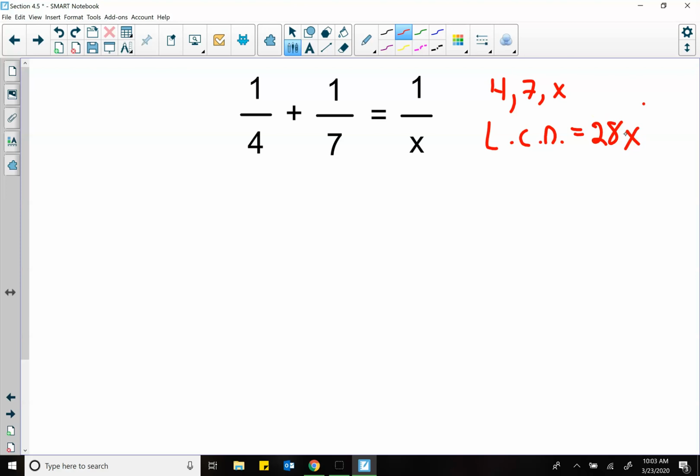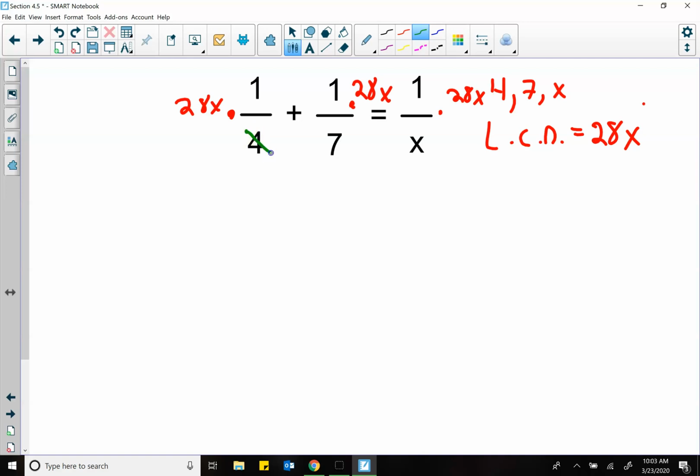So everyone's going to get multiplied by 28x. You get a 28x, and you get a 28x, and you get a 28x. Okay? So let's see what happens.